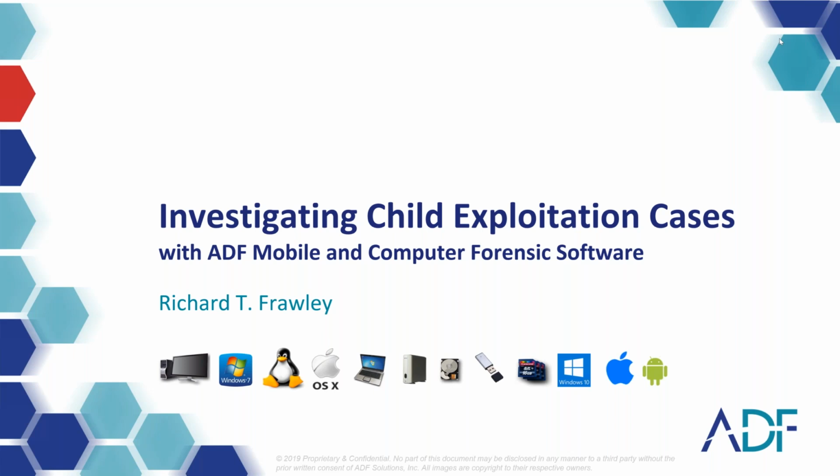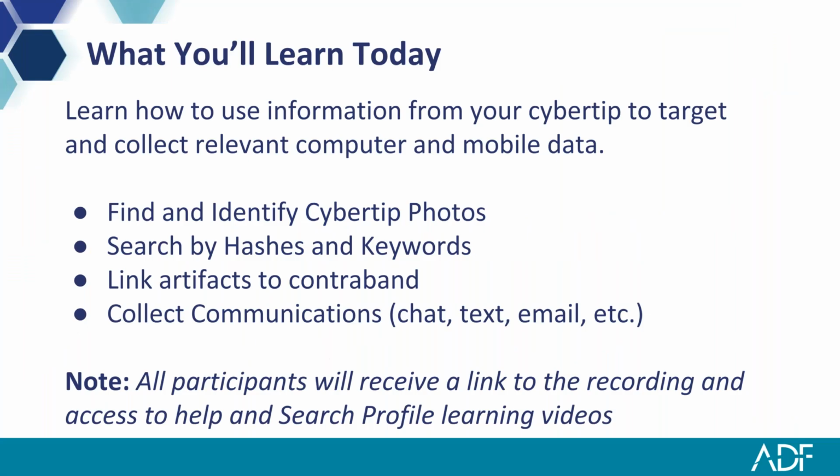So what we're going to do today is go through putting together an on-scene child exploitation type investigation. So taking a cyber tip, or if you're not working cyber tips, but you have some information up front that you can use in your case, we're going to show you how to put that together.